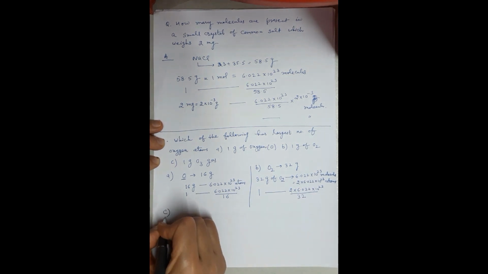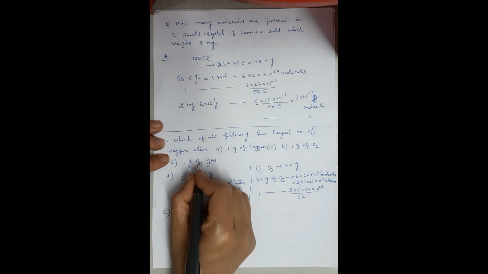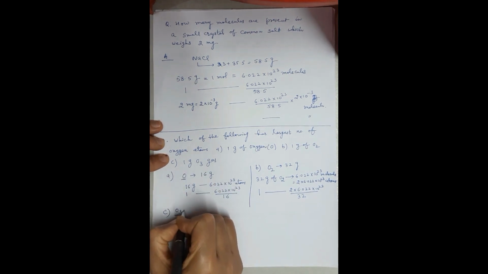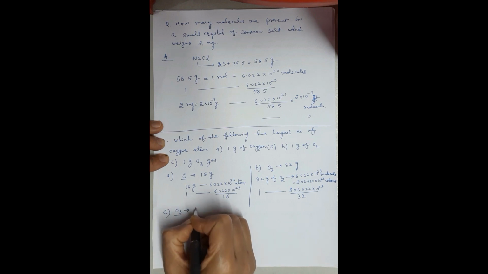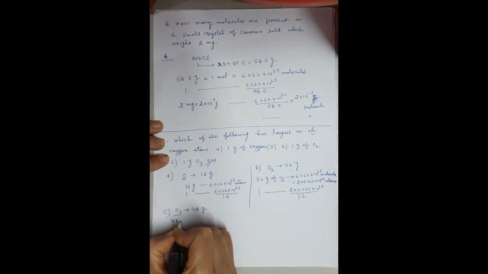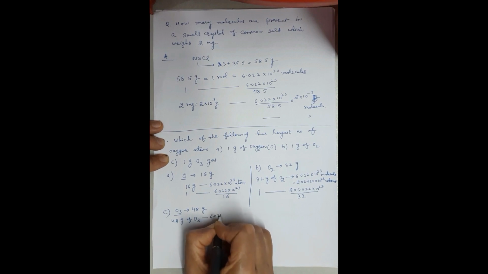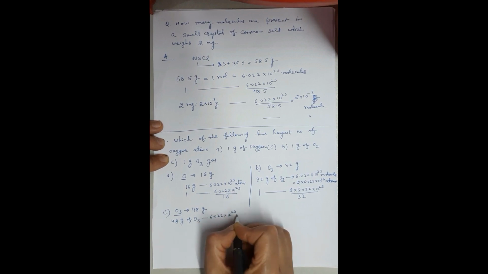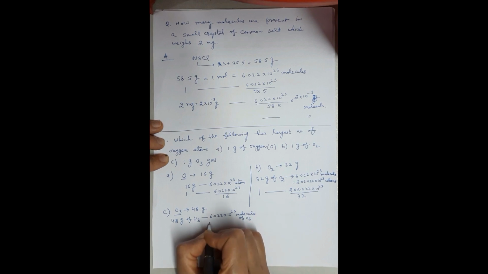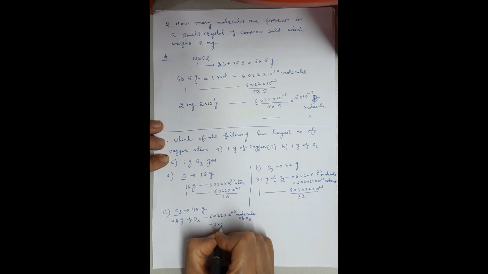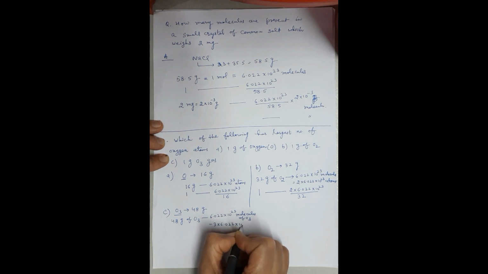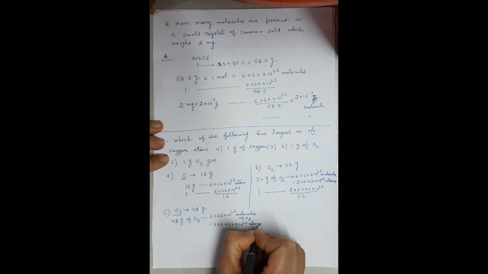See what happens in the third case, C part. It is ozone. In ozone, the molecular mass is 16 threes are 48 grams. So 48 grams of ozone contains 6.022 × 10^23 molecules of O3. But how many atoms of oxygen does it have? It has 3 × 6.022 × 10^23 atoms of oxygen.